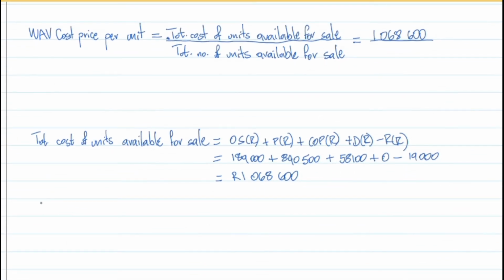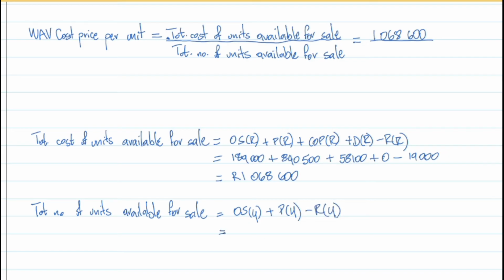For the total number of units available for sale, we calculate them as follows. Opening stock units plus purchased units minus returned units. Our opening stock units is 540 units.